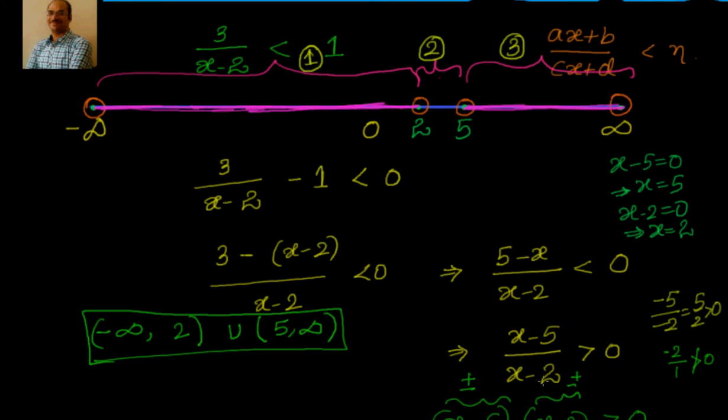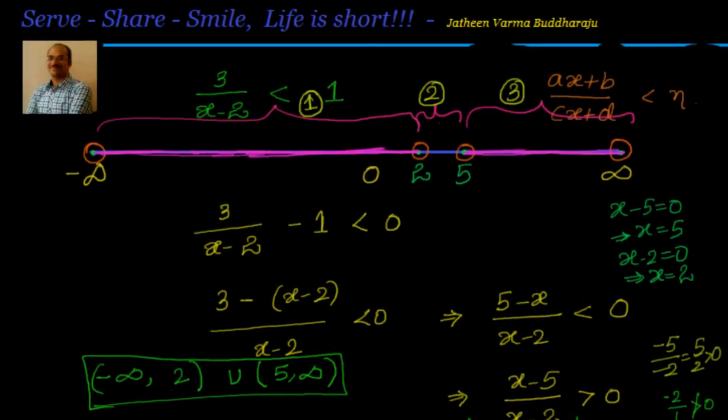Now check for different values in either the first part or second part or third part. The first thing and the best thing to do is always check for 0. And 0 is now in the first part, and 0 is satisfying. That means 1 and 3 will be the solution. Suppose let us say these numbers are minus 2 to 2, and 0 is in the second part and it is satisfying, the solution will be only the second part. Right. We'll solve some more examples along the same lines.